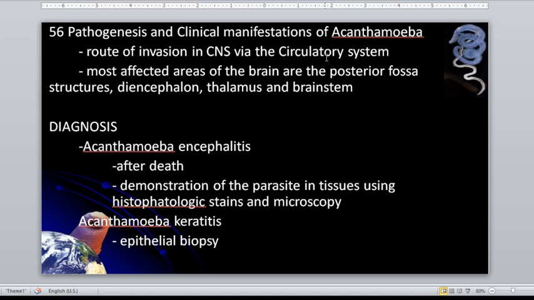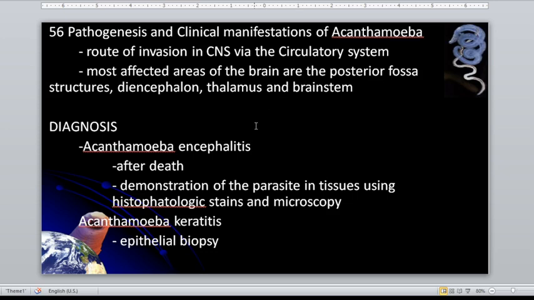Unlike Naegleria fowleri, which uses the olfactory nerve, the Acanthamoeba can go to the brain through our circulatory system. Most affected areas of the brain are the posterior fossa structures, the mesencephalon, thalamus, and brainstem.